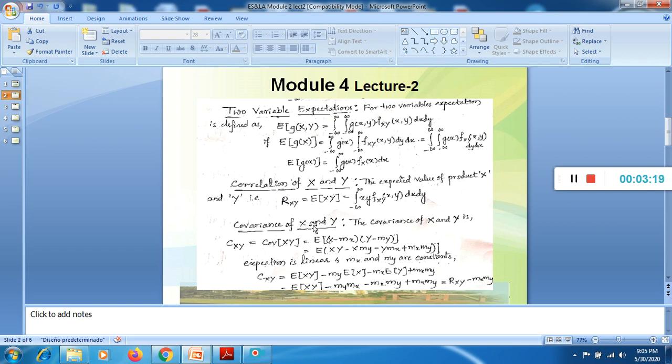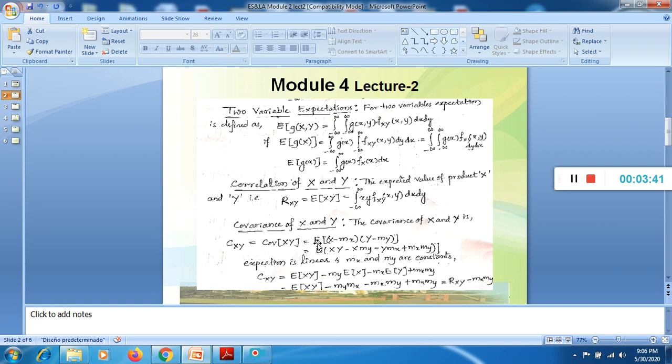The covariance of X and Y is given by C_XY. Variance is usually represented by E[(X minus m_X) squared], by means of sigma.